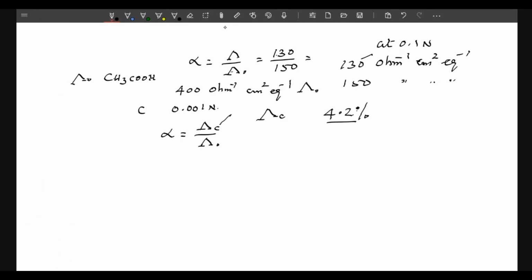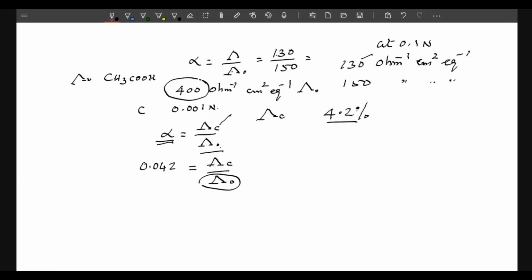Here lambda C is asked, lambda naught is given, it is 400. The degree of dissociation is given, it is 4.2%. But here the degree of dissociation should be in fraction, therefore convert it into a fraction, 0.042, that is divided by 100. Then lambda C by lambda naught, where lambda naught is equal to 400. You can easily calculate lambda C.